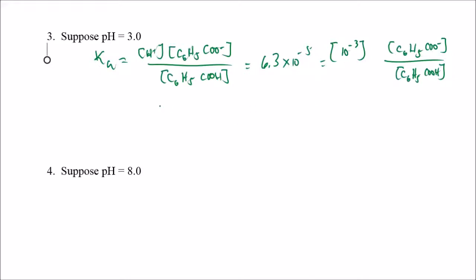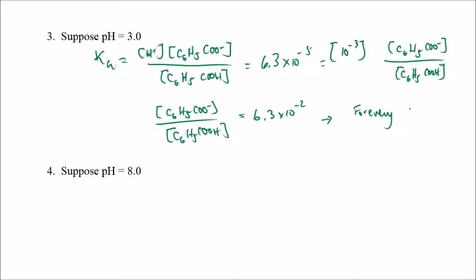Okay, so you should see that the ratio of the benzoate ion, based on this mathematics, to the benzoic acid is going to be 6.3 times 10 to the minus 2. Very simple algebra there. Which, if we reciprocal it, means that for every benzoate, C6H5COO minus, there are roughly 16 benzoic acid molecules.